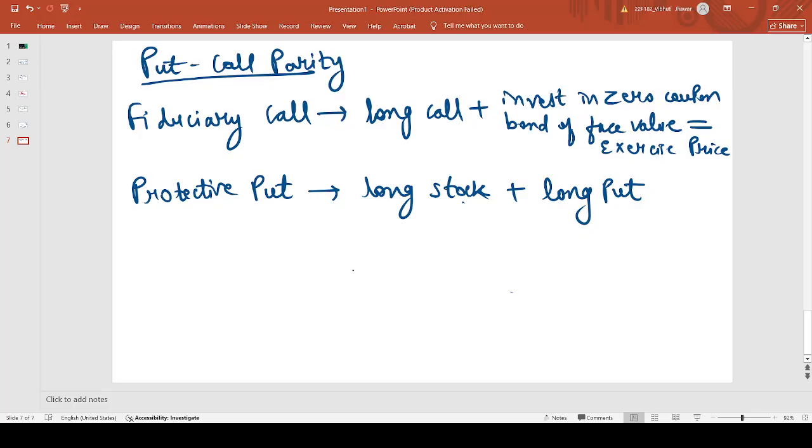So you buy the stock and can sell it at the strike price. Simple. A protective put is when you buy the stock today, and whatever the exercise price is, you will sell that stock at that exercise price in the future.